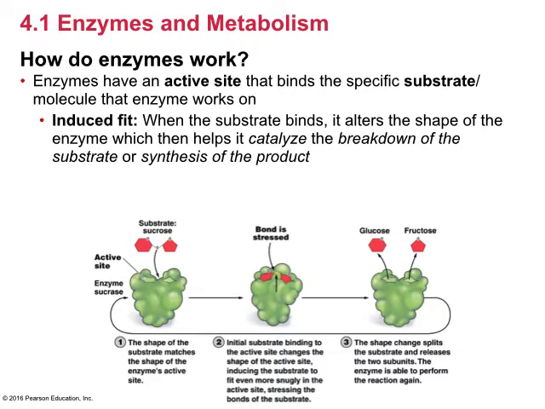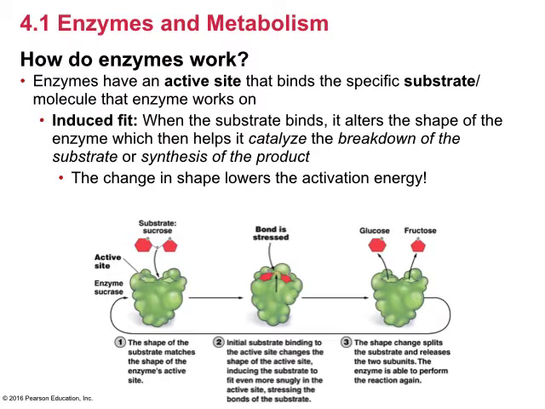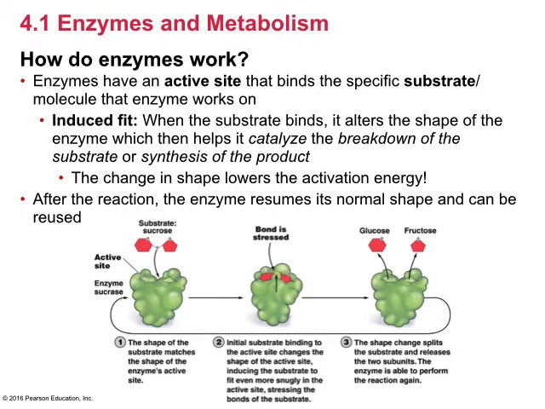So glucose and fructose would be the products. And the enzyme now goes back to its normal shape and it's ready to do another reaction. So the change in shape of the enzyme is what's lowering the activation energy. And it's important to realize that each enzyme is not consumed in the chemical reaction. It can be reused time and time again.